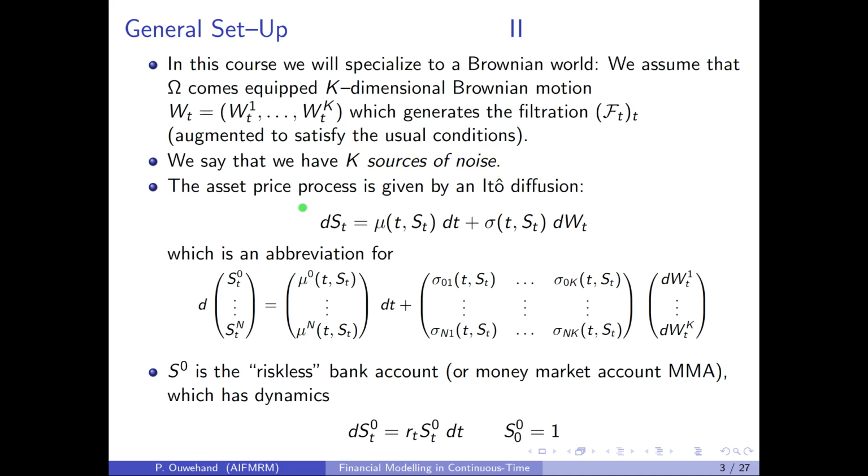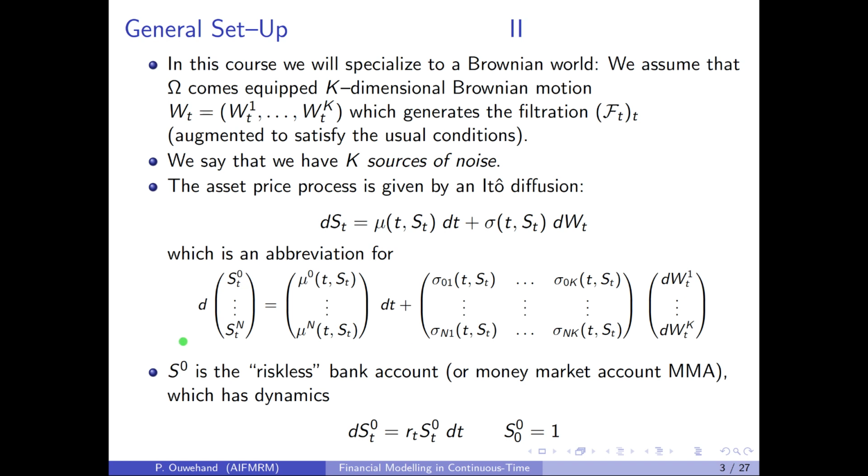The asset price process, which is multidimensional here, is given by an Itô diffusion of the following form. And this is a multidimensional stochastic differential equation, which is an abbreviation for this expression shown here. Notice that the volatility matrix is an N plus 1 by k matrix.